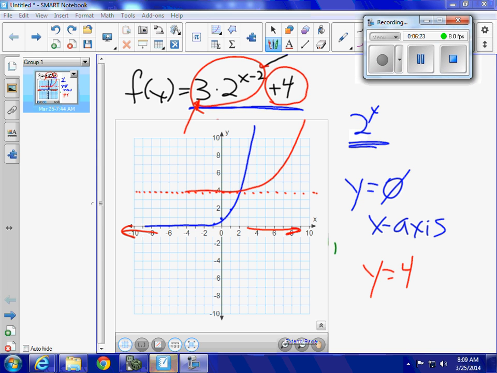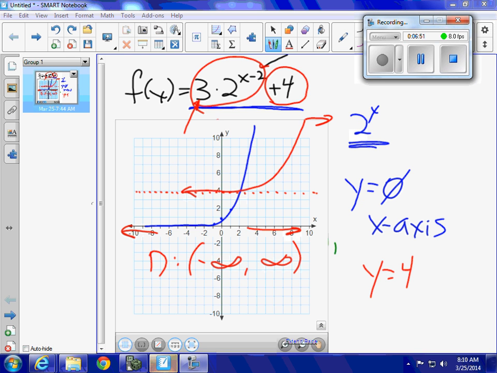I don't know the exact points, and I don't have to graph it according to this problem. But the domain is still going to be all real numbers, negative infinity to positive infinity. That's not going to change when I do my transformation. Is everybody okay with that? I'm getting yeses. Okay, good.